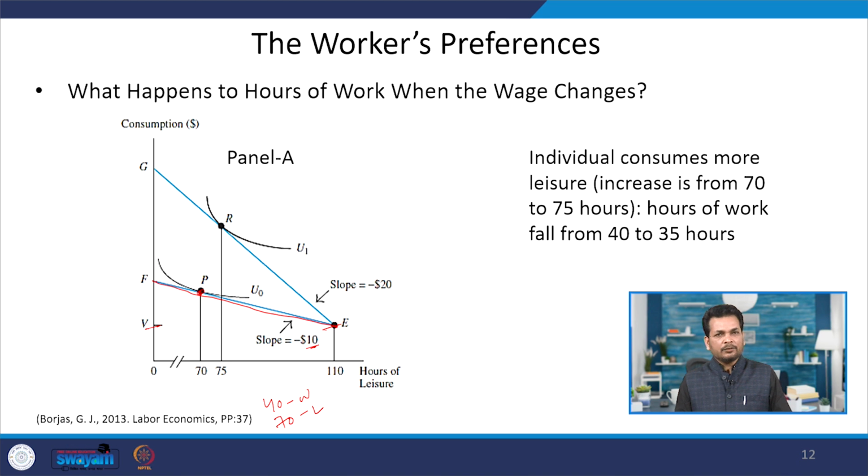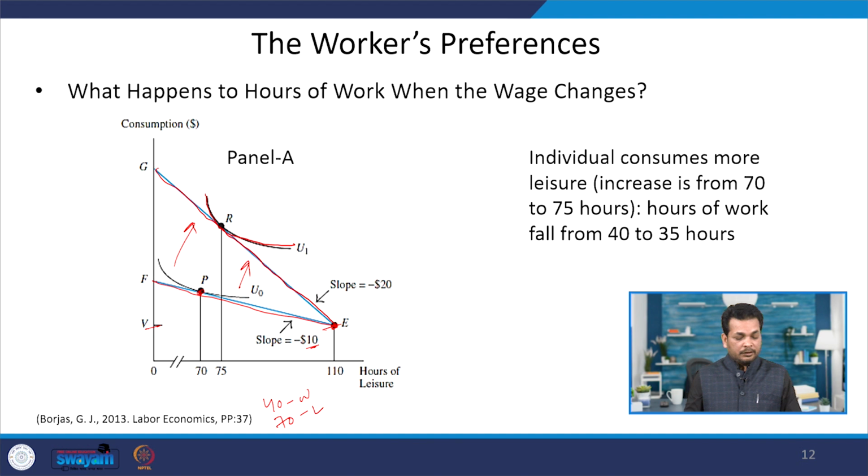So, the budget line will move around this point, endowment point E. Now, the new budget line is GE. Because of the change in the wage rate, the opportunity set has shifted, has increased, and the worker has the utility function which maximizes at this budget line, U1, at the point R.